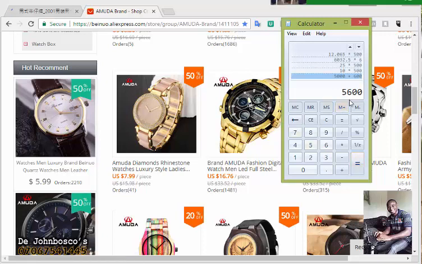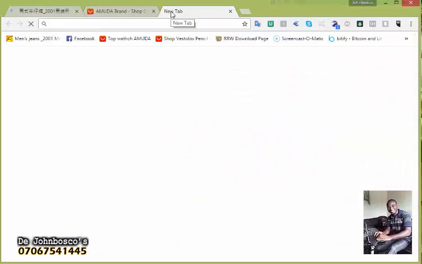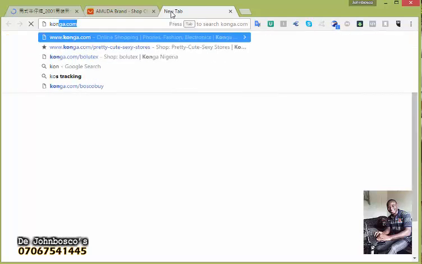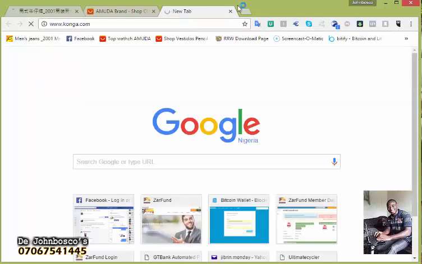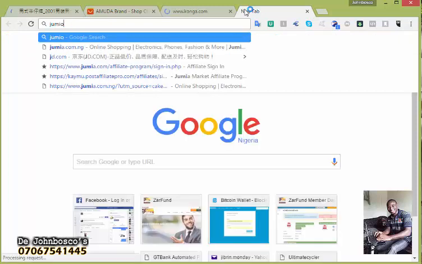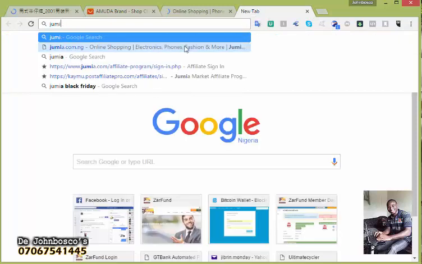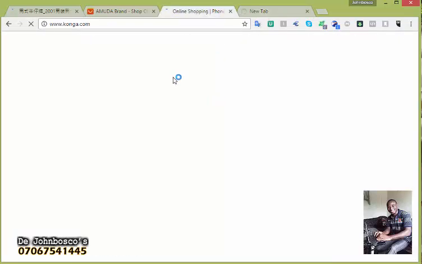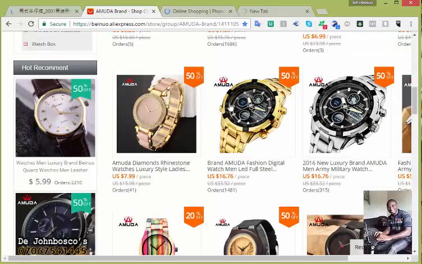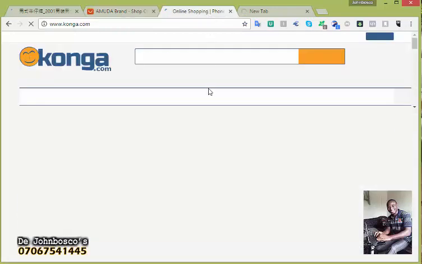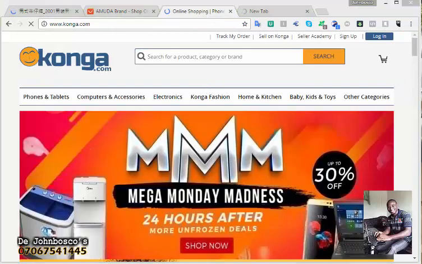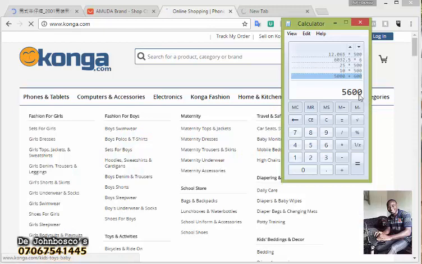Now let's see how much this item sells. I think the network is a little bit poor, but we'll overcome. We're waiting for our search list to pop up. Yes.